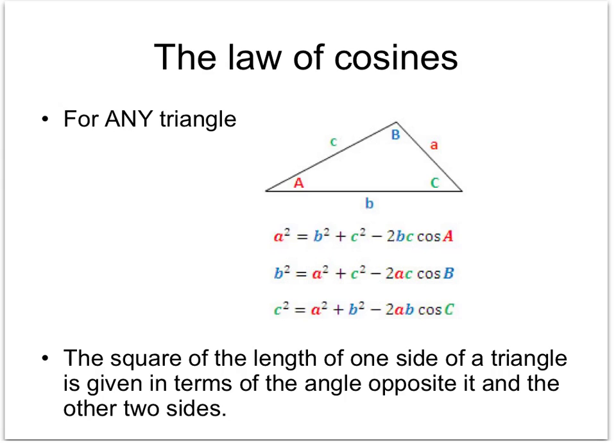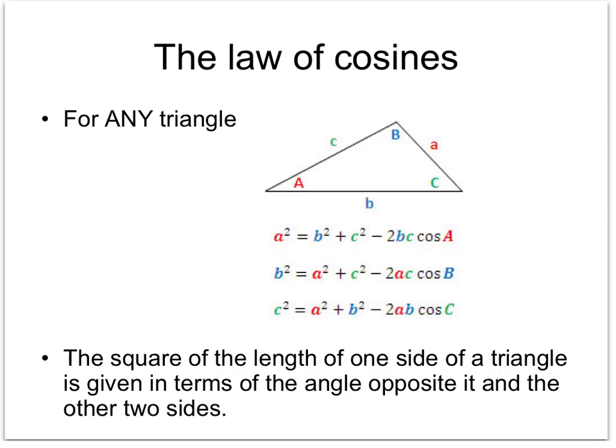I want you to notice a few things about this pattern. There are three formulas here. They're all actually the same formula, just different depending on which side or angle you're working with. Look carefully though, in the formula, if you have side A by itself, you have angle A over at the end.